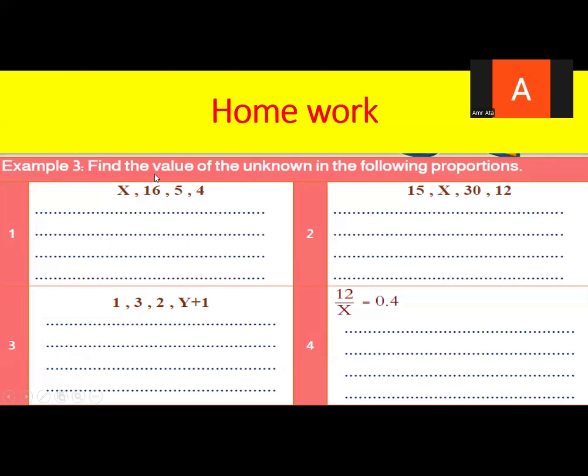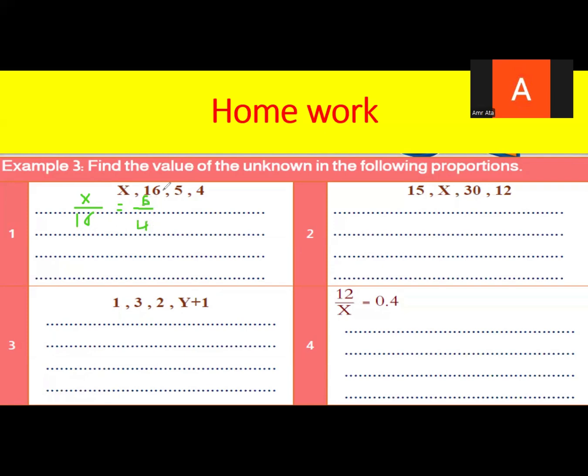These are proportional quantities. So when we want to solve it, we have to put the first term over the next term, equal the third term over the fourth term.